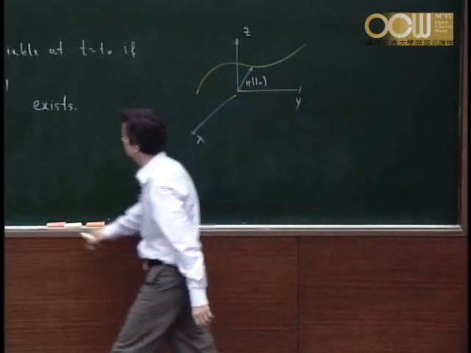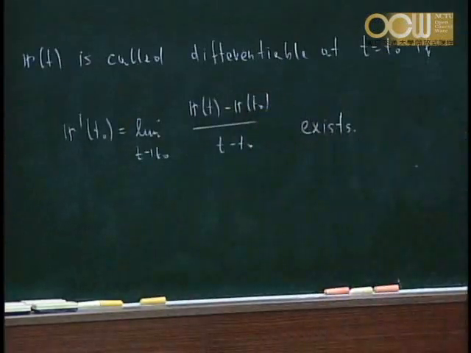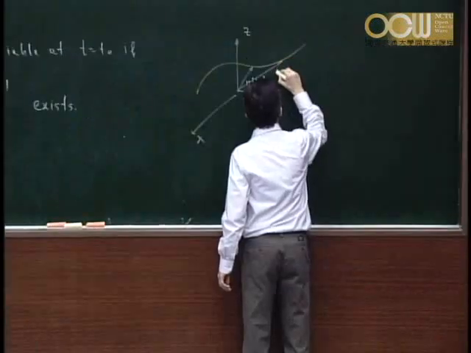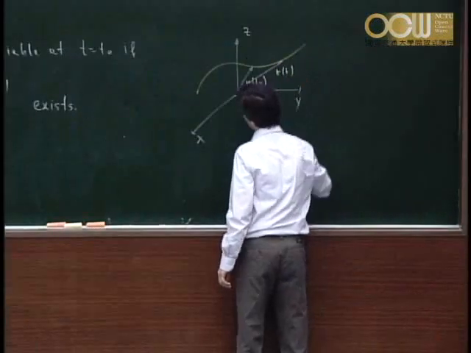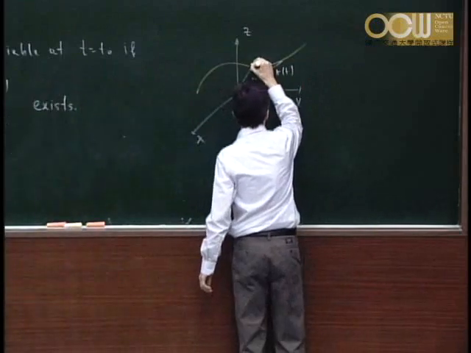Now, if we look at this expression here, what we do is we have another position vector r of t, and we know that this vector here is given by this vector.